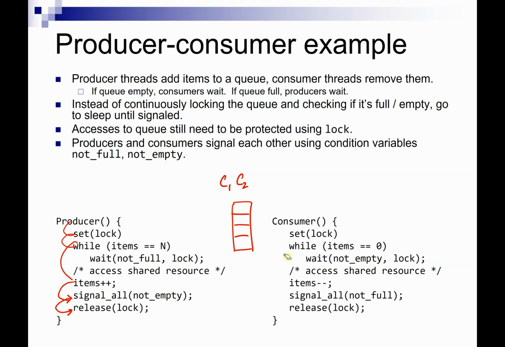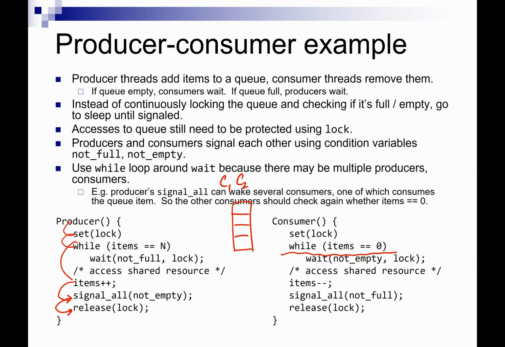By the way, this example shows you why we need to have a while statement here. If you write this code, you might think that all I need to do is just have an if statement here and check whether the number of items is equal to 0.